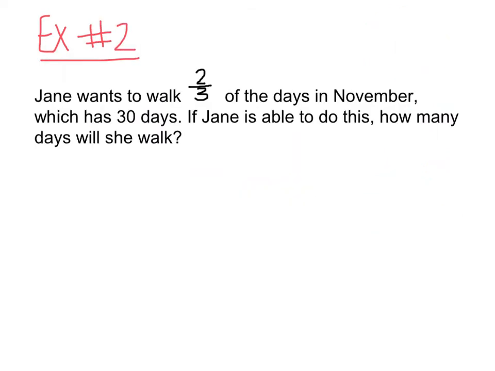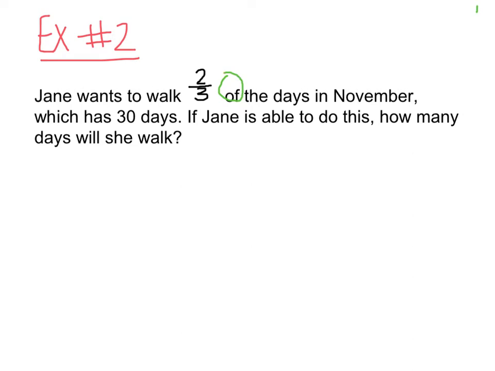All right, example number 2, you're going to see something similar to this on your test. Jane wants to walk 2/3 of the days in November, which has 30 days. If Jane is able to do this, how many days will she walk? Now, when we're multiplying, our key word is of.